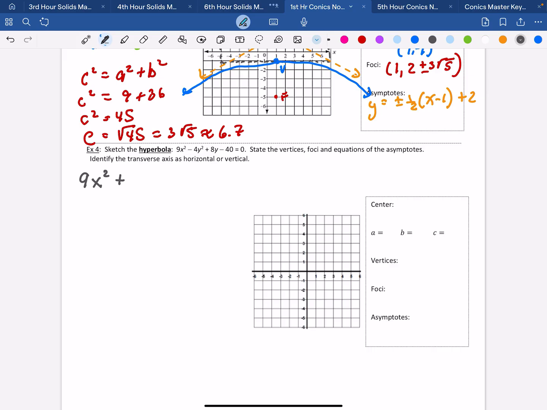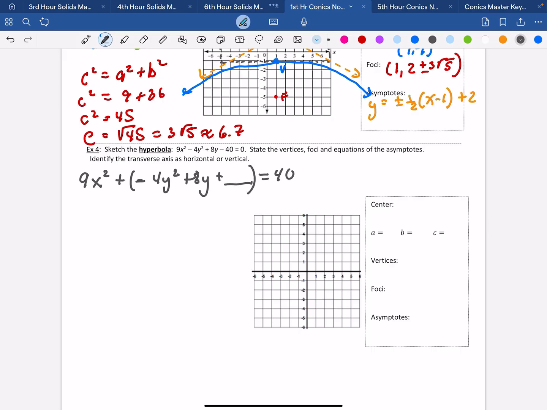Then we have minus 4y squared plus 8y, in parentheses. Don't forget, we're going to need a c value eventually. Then we bring that 40 to the other side, so we have a positive 40.